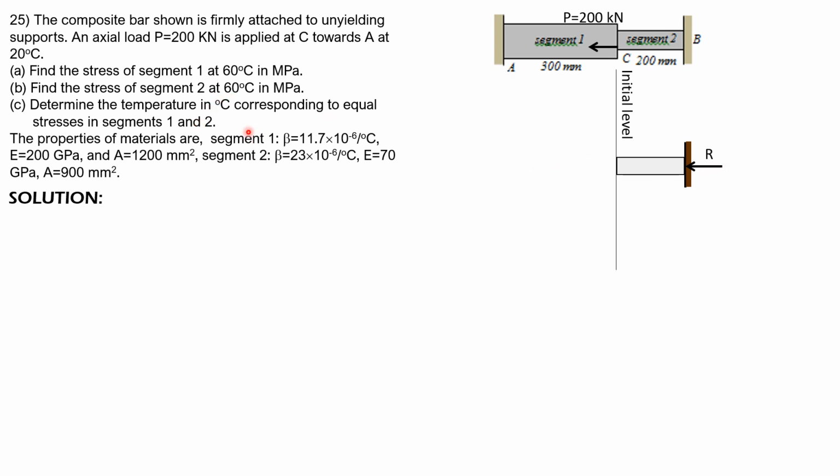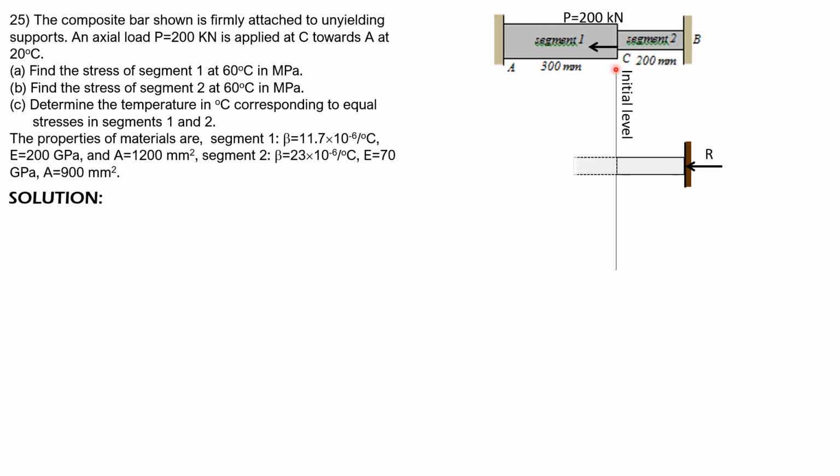Yes, it's to the left because the members will expand. So as it expands, it will develop compression. So let's have it to the left here so that segment 2 will be in compression. Segment 1 will also be in compression.